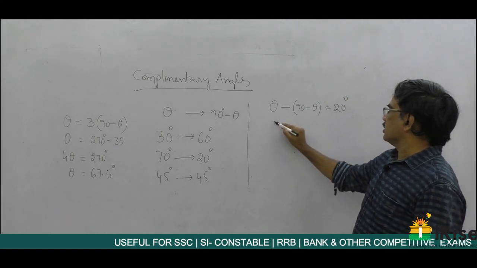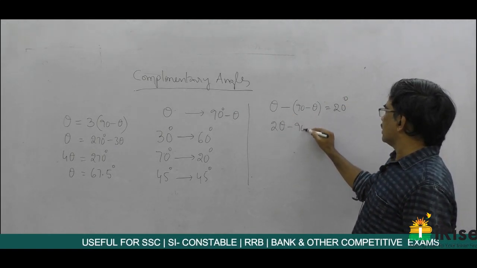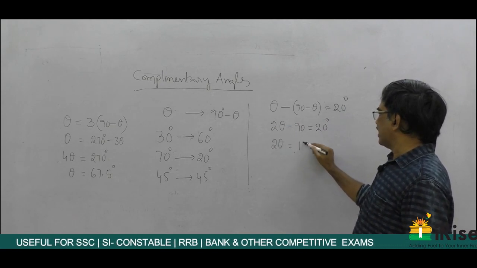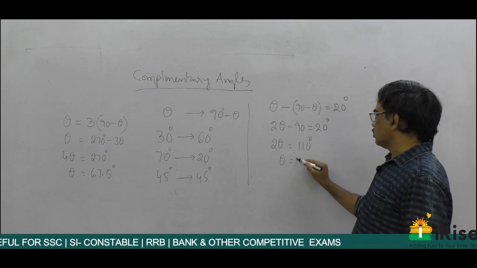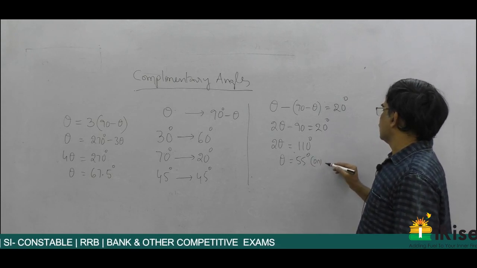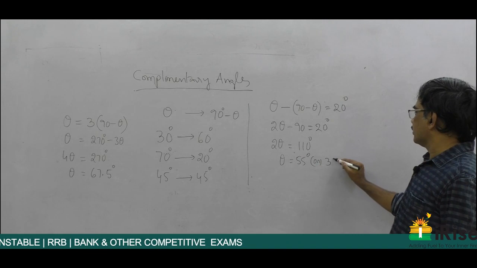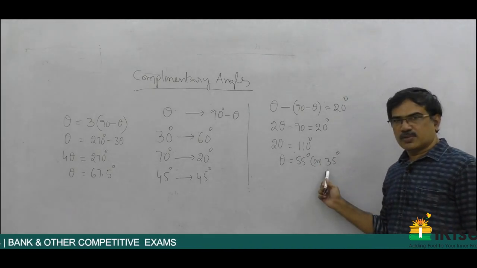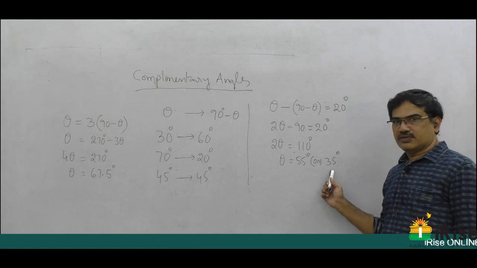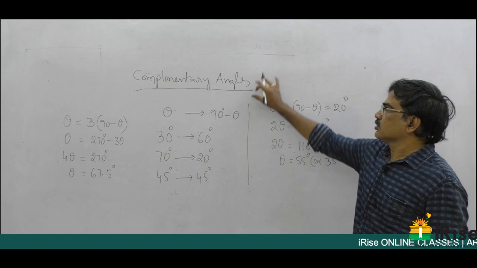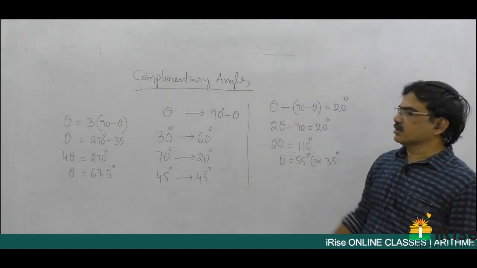Here this can be written as 2 theta minus 90 is equal to 20 degrees, 2 theta is equal to 110 degrees, and theta is equal to 55 or 35. If theta is 55, its complementary is 35. If theta is 35, its complementary is 55.